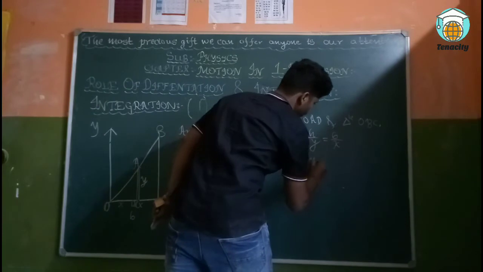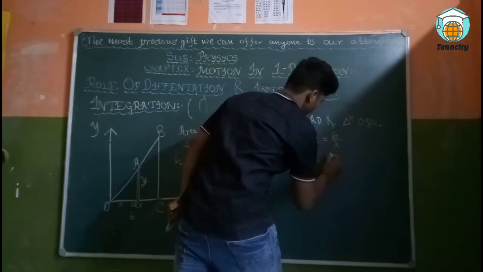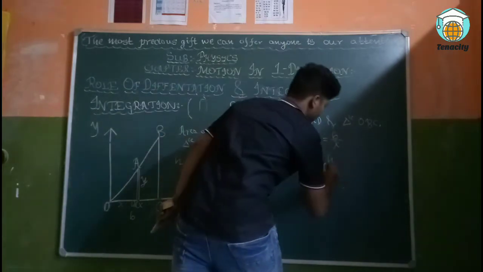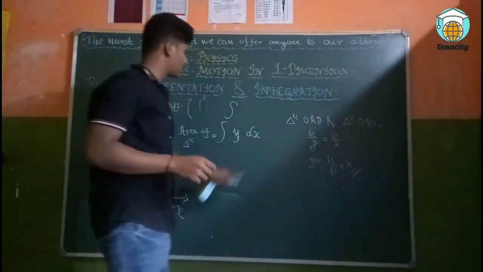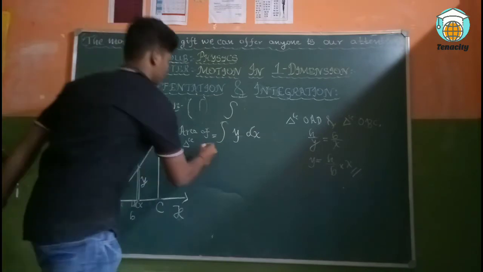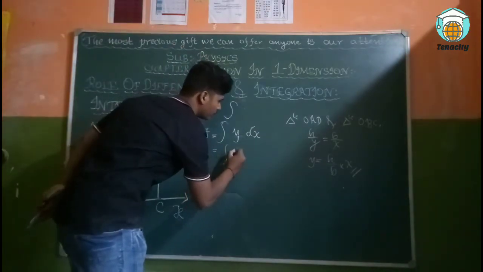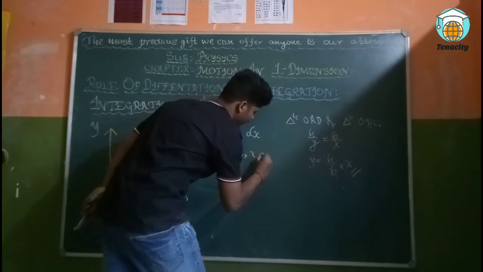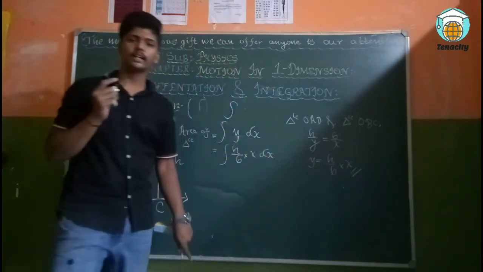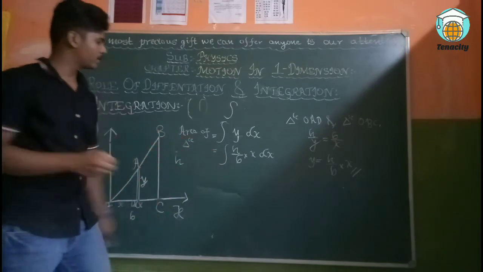So y is equal to h by b into x. Substitute that value here. So integration of h by b into x dx. I hope you are clear with this step.